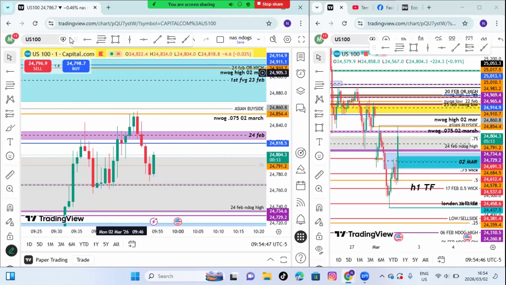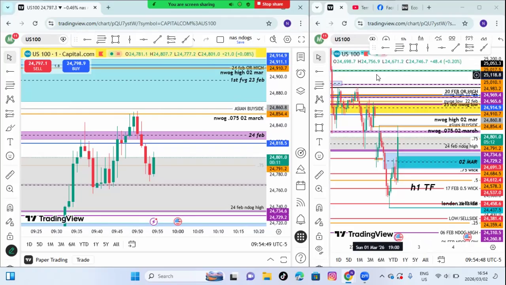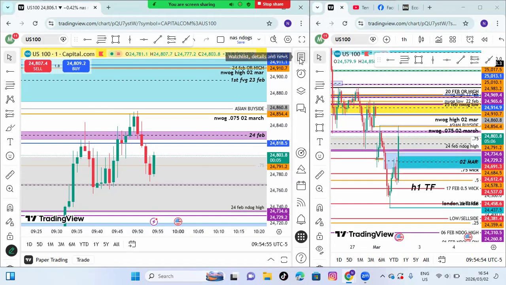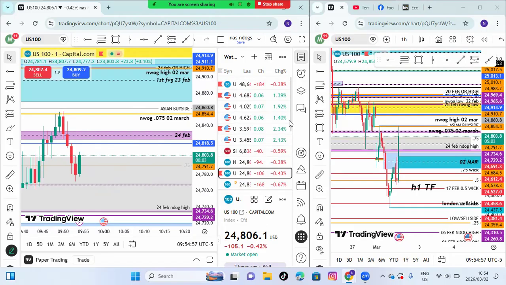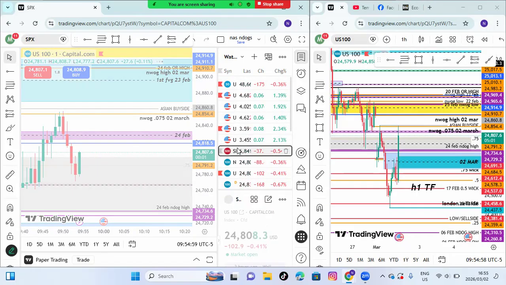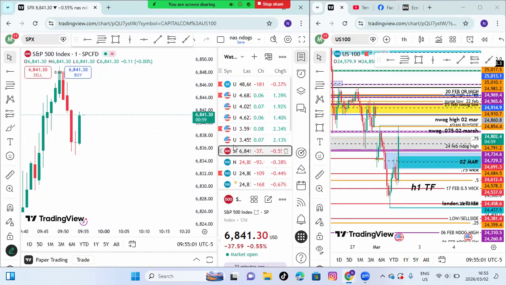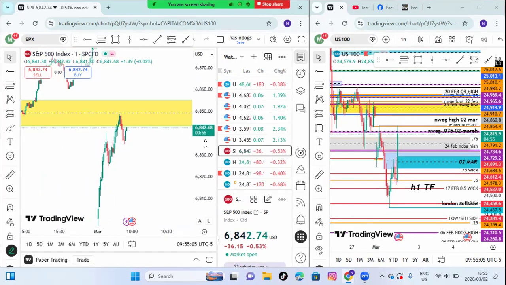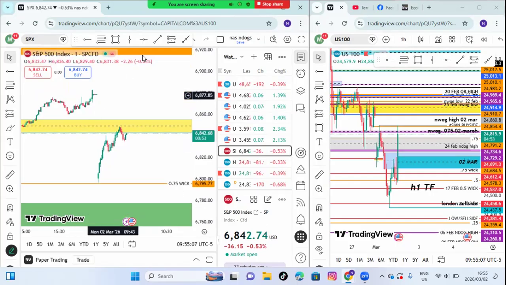Let's see. What's interesting is, cool, let me just go to the S&P, right? S&P, Fibonacci, measuring where it closed there.